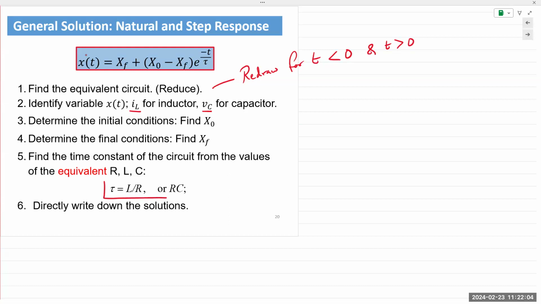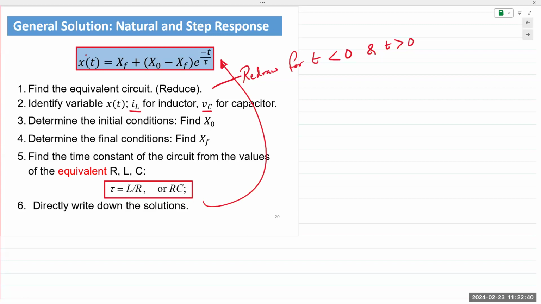Find tau, and then directly plug in the values into the expression. And that's it. There's only three quantities you need to find: the initial value, the final value, and tau.